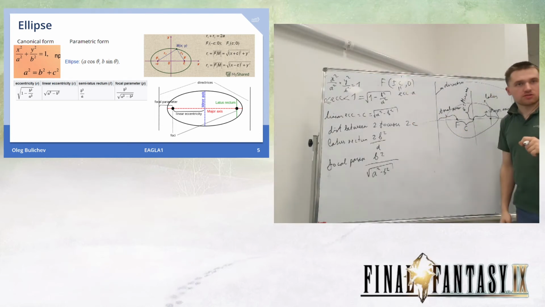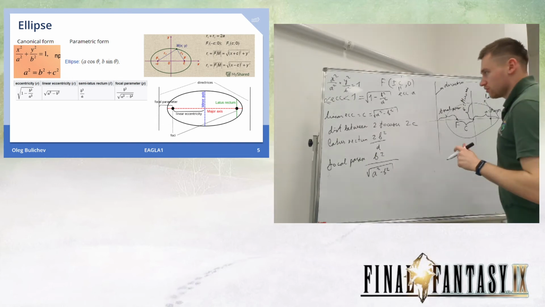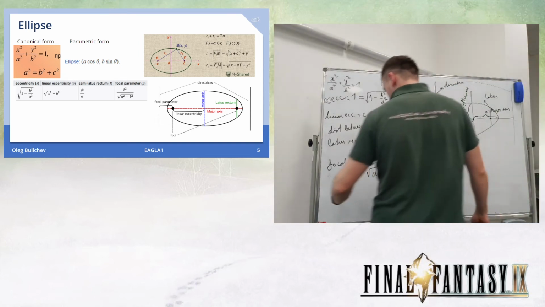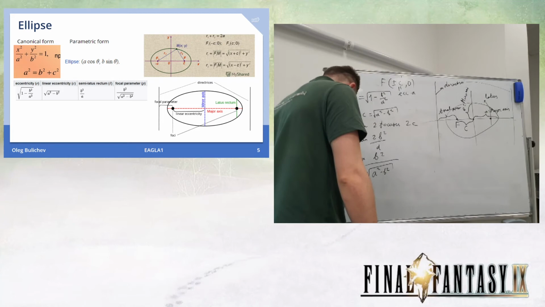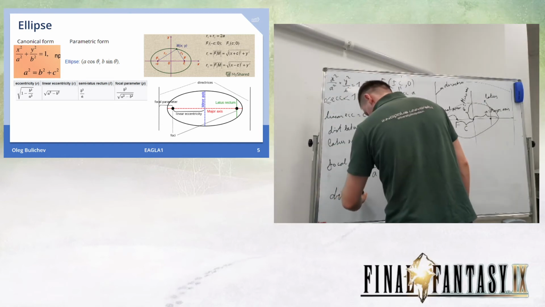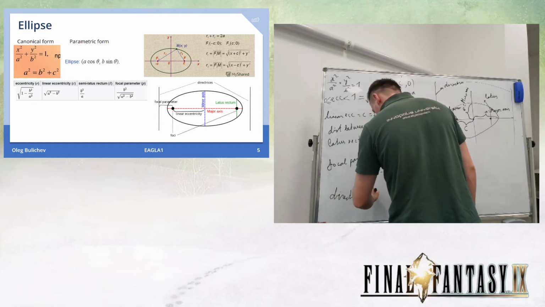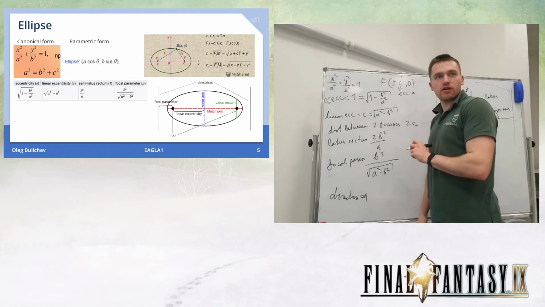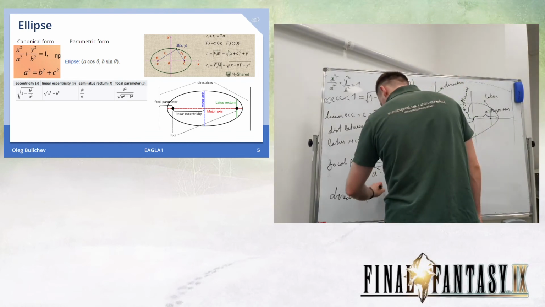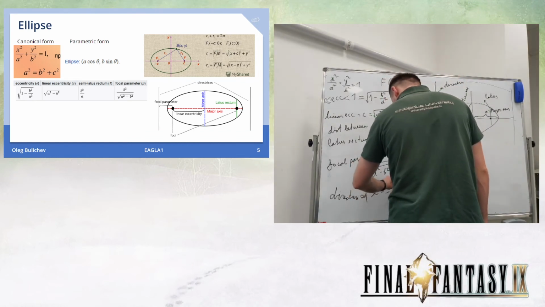Equation of directrix. Who can say it? For ellipse, a over e. A over eccentricity modulo. Ellipse has two directrices. x is equal to a over epsilon and to minus a over epsilon.